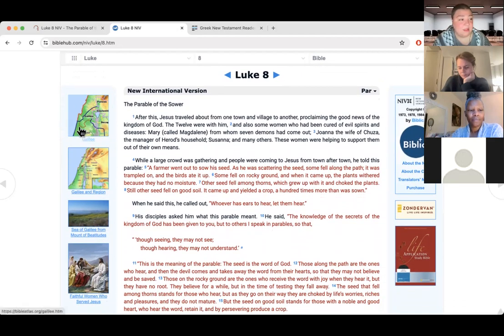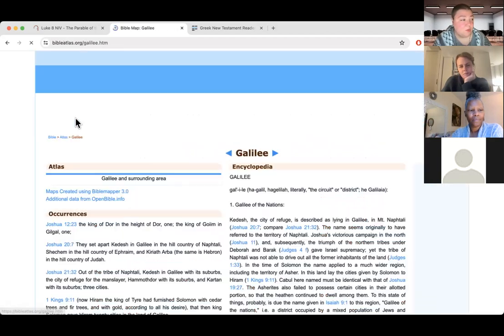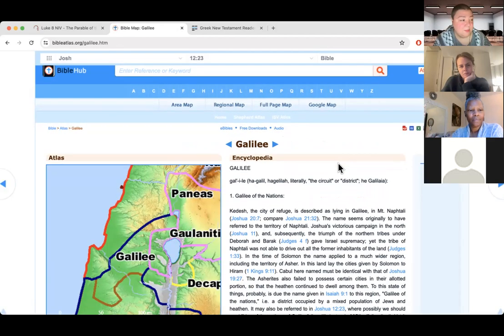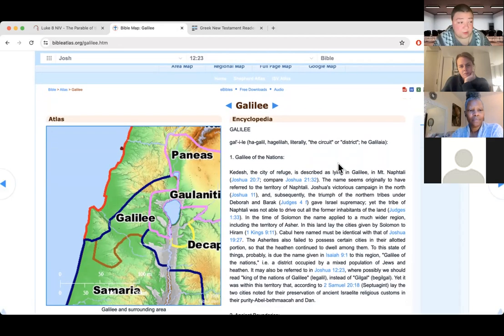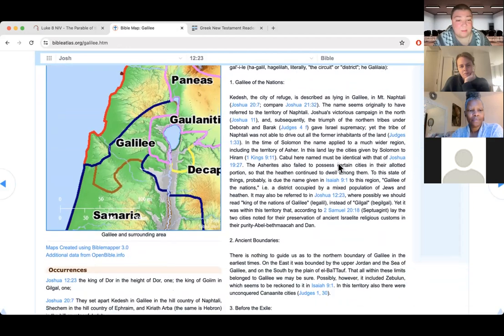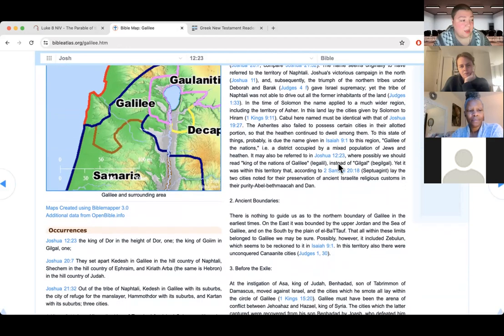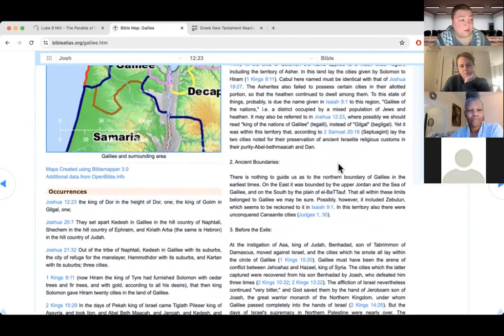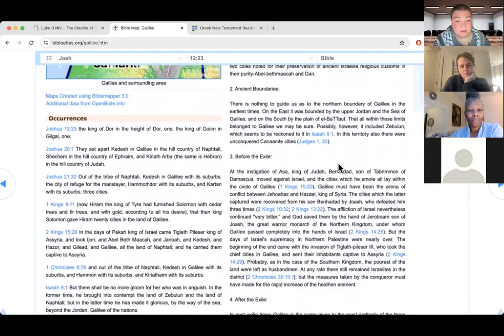You can, for example, click here on the map, and we're going to click on where it says Galilee. And we're shown the etymology of the location name, references to this place in other Bible texts, and some general facts about the location. We're also shown occurrences of when this is mentioned other places in the Bible, and that can be quite helpful.